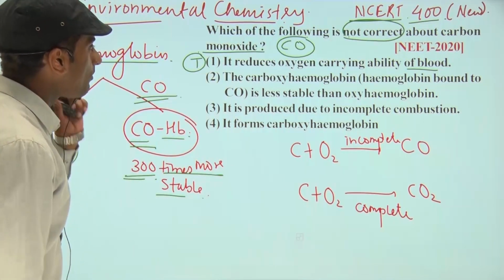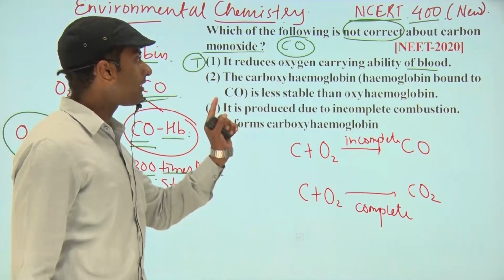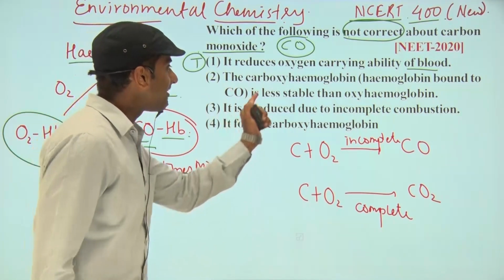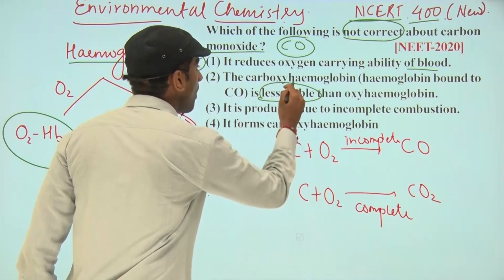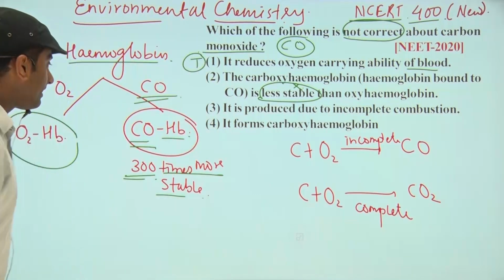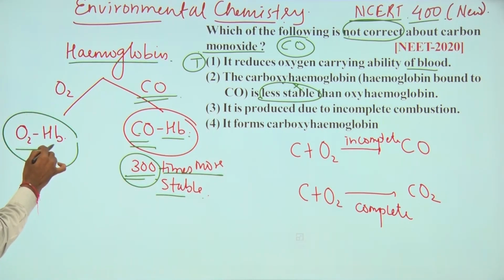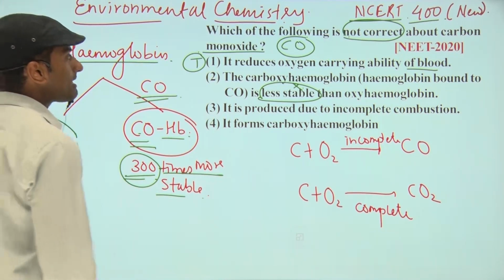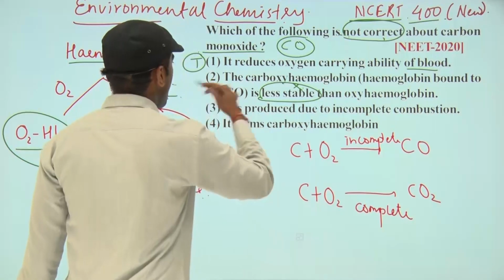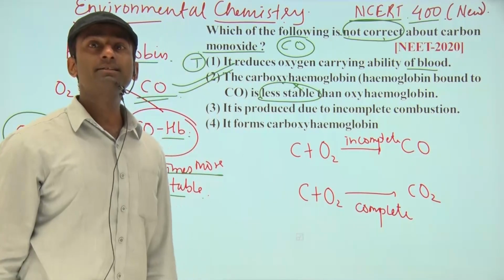Next, the carboxyhemoglobin bound to CO is less stable. Students, this is the wrong word. If you are comparing, this carboxyhemoglobin is 300 times more stable as compared to oxyhemoglobin. So yes, this is not correct. The option is going to be correct, but the statement is incorrect here.